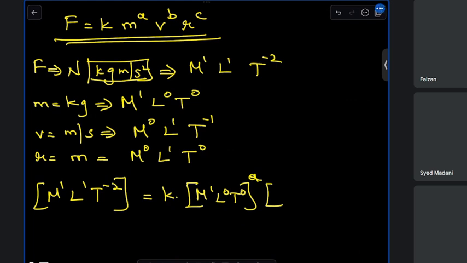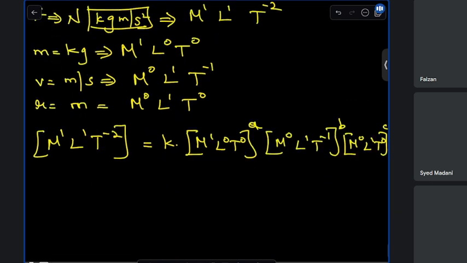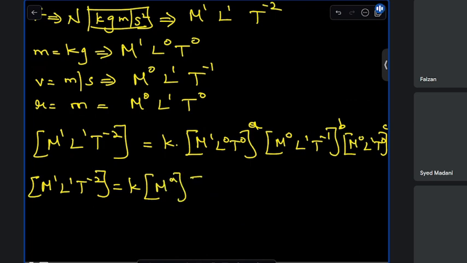Velocity is M0 L1 T to the power minus 1, to the power B. Radius is M0 L1 T0, to the power C. Left hand side M1 L1 T to the power minus 2 is equal to K into M to the power A. I'll ignore L and T because they are 0. For velocity I'm going to ignore M. It becomes L to the power B, T to the power minus B. For radius, ignore M and T, only L is required, L to the power C.